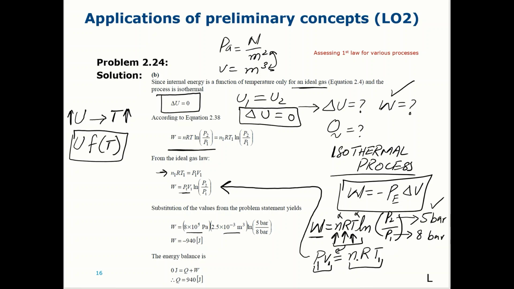Okay? All right. And 1 bar is equal to 10 to the power 5 Pascal. So 8 bar will become 8 into 10 to the power 5 Pascal, right?